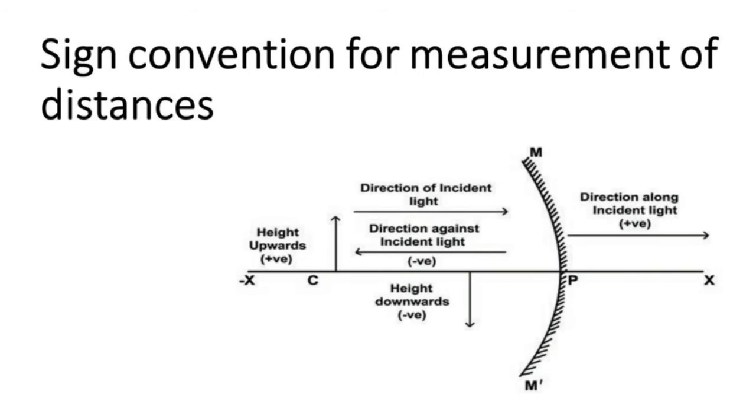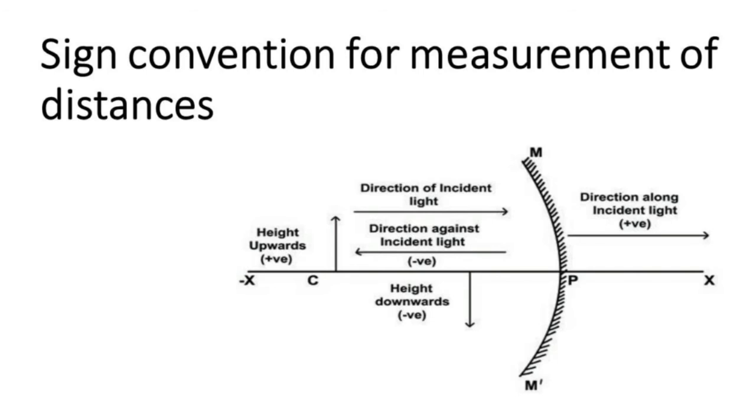First, the object is always placed on the left side of the mirror. Next, all distances are measured from the pole of the mirror. Next, distances measured in the direction of incident light are taken as positive and those measured in the opposite direction are taken as negative. In the diagram itself they have given the direction.